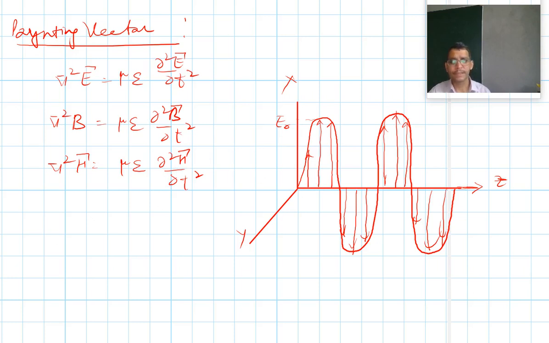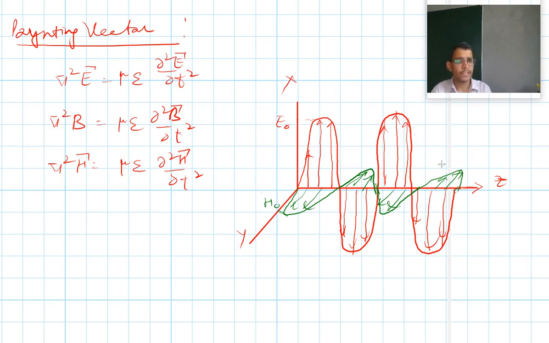The magnetic field is varying along this direction, and H0 is its maximum variation.